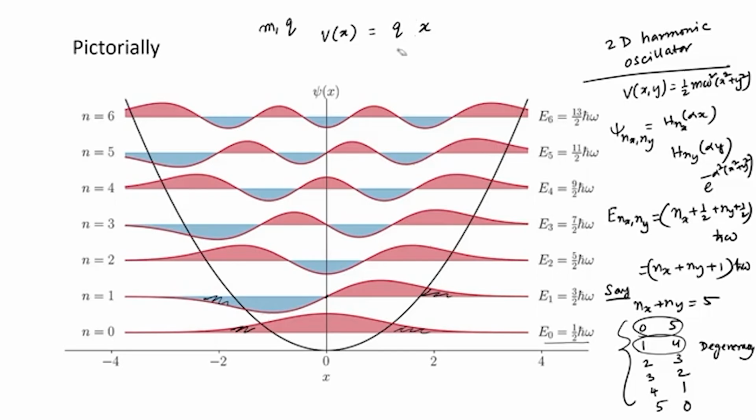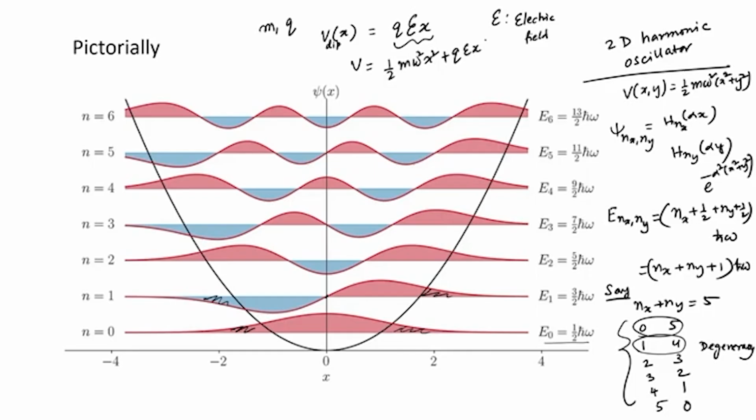Let me change this symbol because E is also energy. So this electric field brings in another potential energy, which is like P dot E, where P is the dipole moment. The oscillator will develop a dipole moment, and because of it, it will have a potential. So, let us call it a dipole potential. The total potential energy V is equal to half m omega square x square plus qEx.